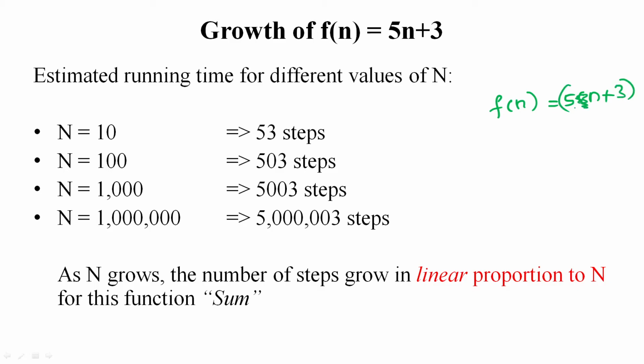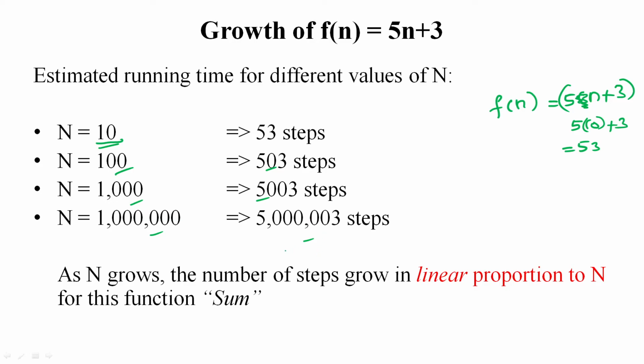When you are increasing the n value, you will get a different number of execution steps. When your n value is 10, then you will get 5 into 10 plus 3, 53 steps. When you increase it to 100, you will get 503. When 1000, 5003. If it is 10 lakhs, you will get 50 lakhs 3.